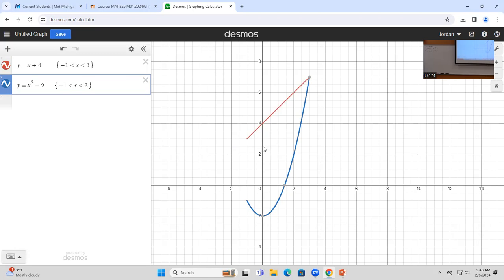Does that make sense? And in that region, the red is always above the blue. So the line is the one that's above the parabola in that region. Okay. This making sense?